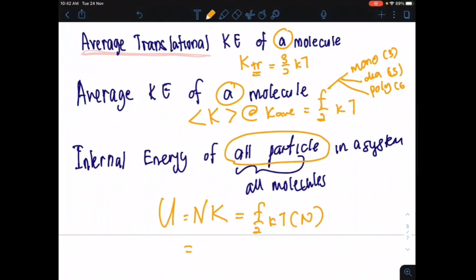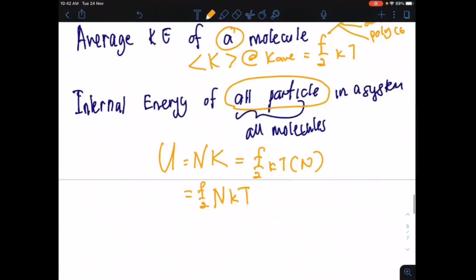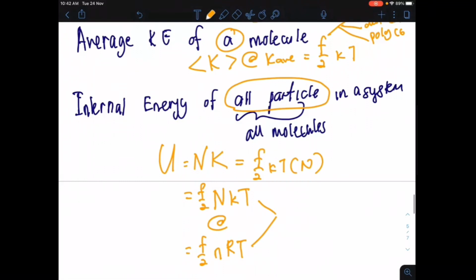So dia jadi F/2 N besar Boltzmann constant darab dengan temperature, ataupun F/2 number of mole R molar constant darab dengan temperature. So kita ada 2. Alright, internal energy can be F/2 NkT ataupun F/2 small n RT. Okay, ini number of molecule, ini number of mole.